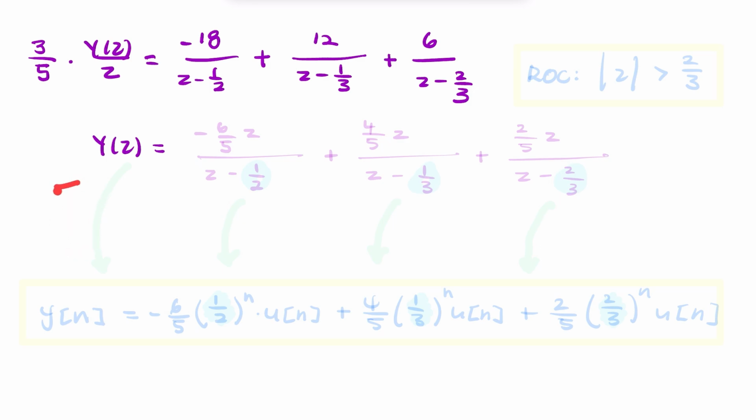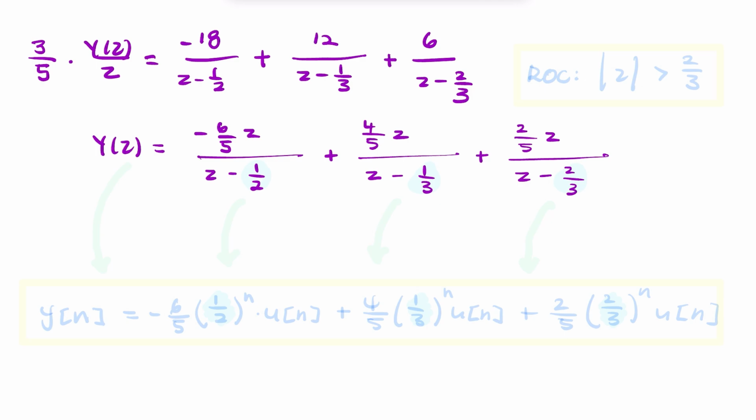So y of z is equal to negative 6 over 5 z divided by z minus a half, plus 4 over 5 z divided by z minus a third, plus 2 over 5 z divided by z minus 2/3.